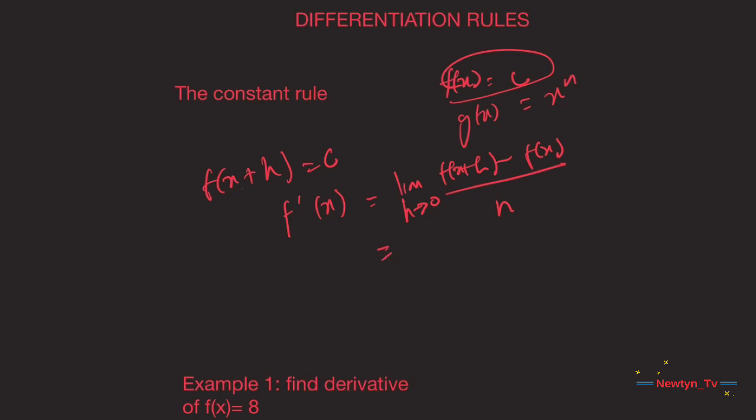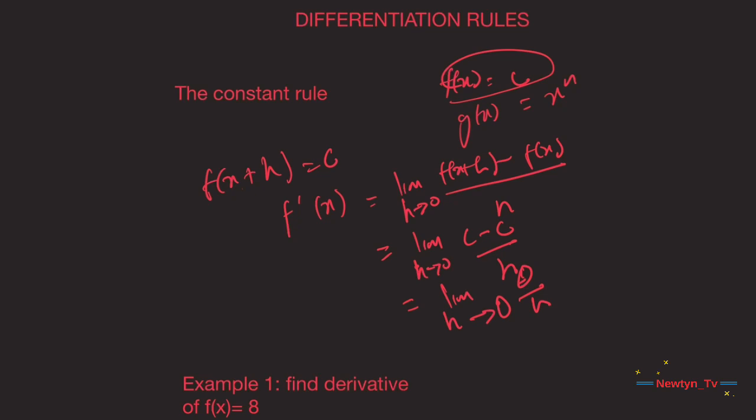Then we get the limit as h approaches 0 of c minus c over h, which is the limit as h approaches 0 of 0 over h.